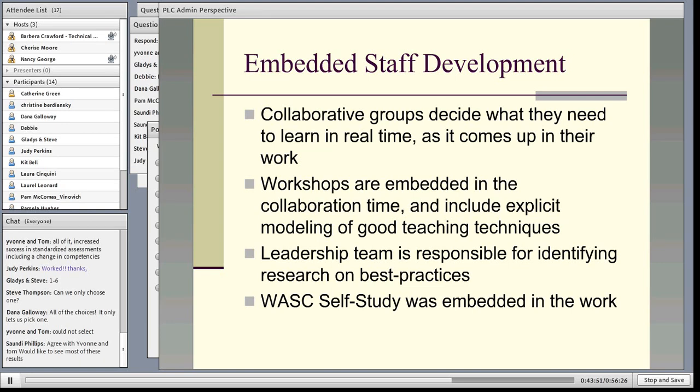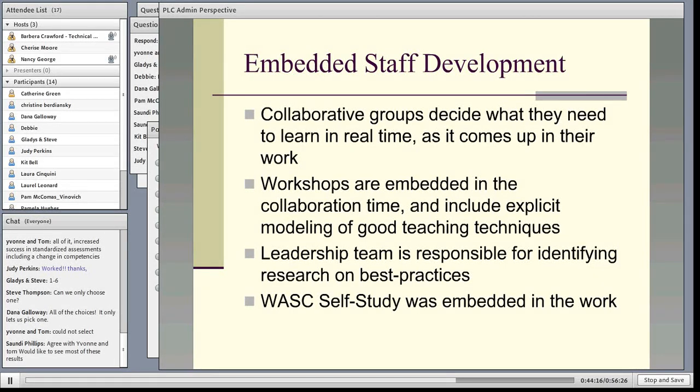Our instructional leadership team is responsible for identifying the research on best practices and bringing it to the table. So we are constantly bringing forward journal articles or new books, or maybe chapters in new books, to share with folks that have the research and best practices on whatever topic the collaborative teams are working on.